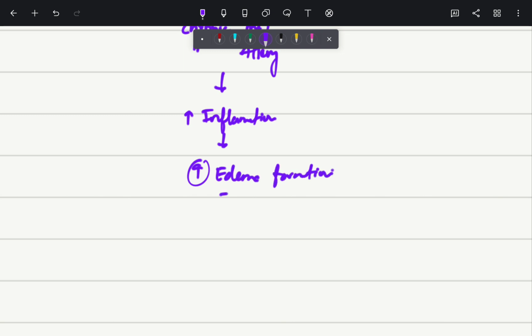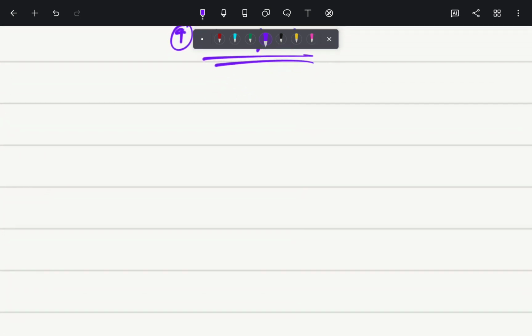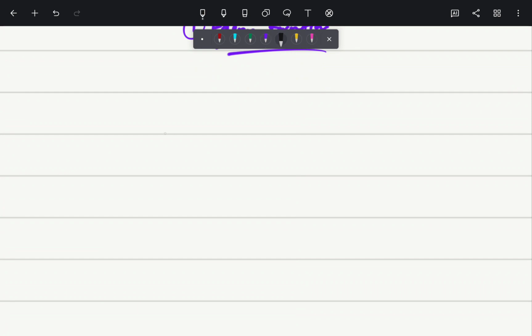Once again, patients who have chronic infection or allergy will have inflammation, which will lead to edema formation. So what will this edema do in this patient? Suppose this is the sinus wall. There is a lot of edema formed in these patients, right?